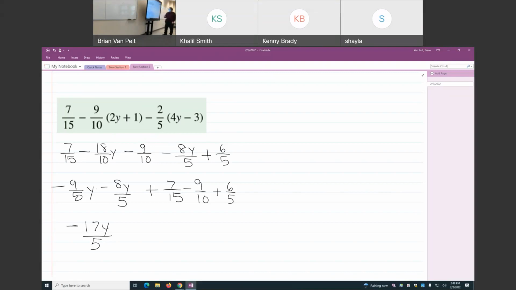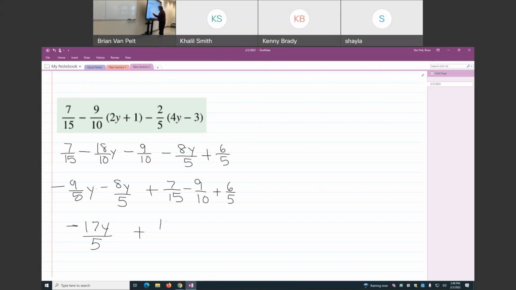Now, to do this other part, I'm going to have a common denominator of what? No, you can't go lower. 15's not going to work with 10, is it? 30. 30 will work with all of them.